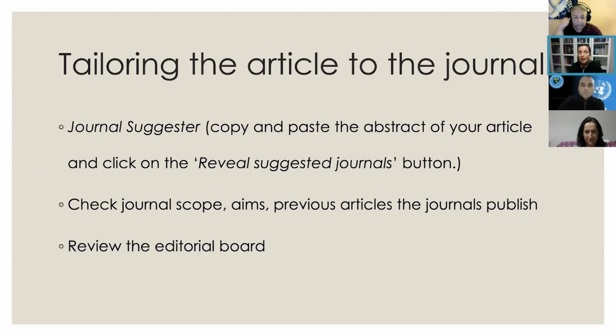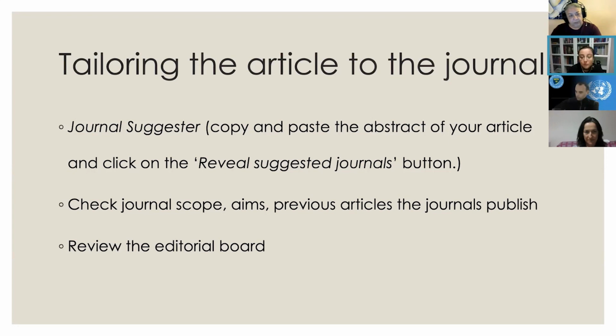After you have a rough list of several journals in your mind, I advise you to check those journals' scope, aims, and especially the previous articles which were published in those journals. That will also help you better understand what kind of things you should pay attention to while preparing your manuscript.